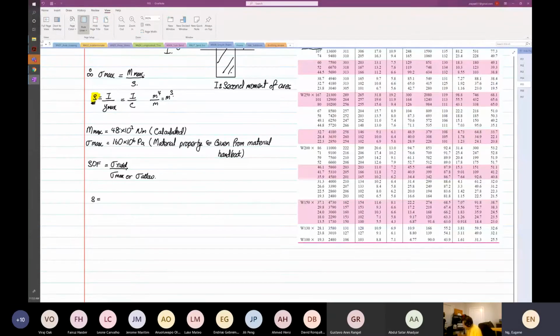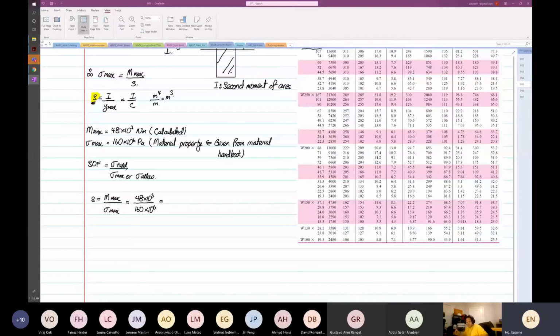So S is equal to M max divided by your stress max. So your M max is equal to 48 times 10 to the power 3, divided by 160 times 10 to the power 6.